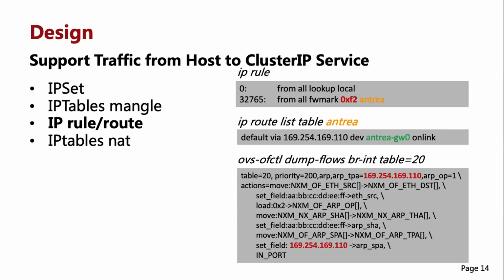So if we do not do the masquerade on the request, for the reply packet, the packet will be forwarded to the client directly, and the source IP will not be the service IP. Right, Hongliang? Yes, that's what I wanted to say.